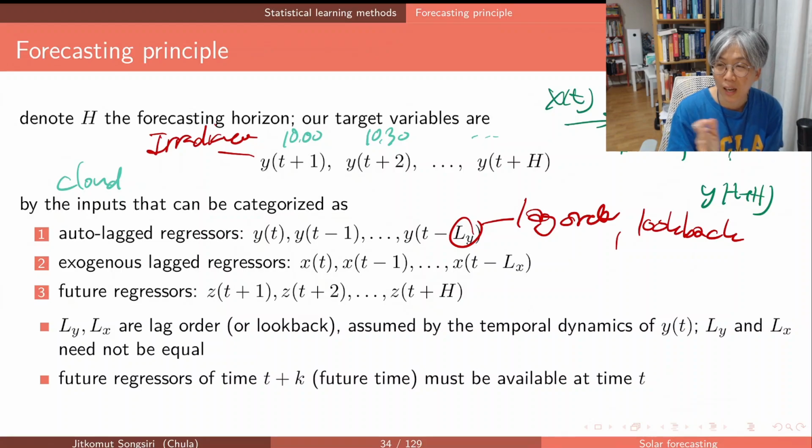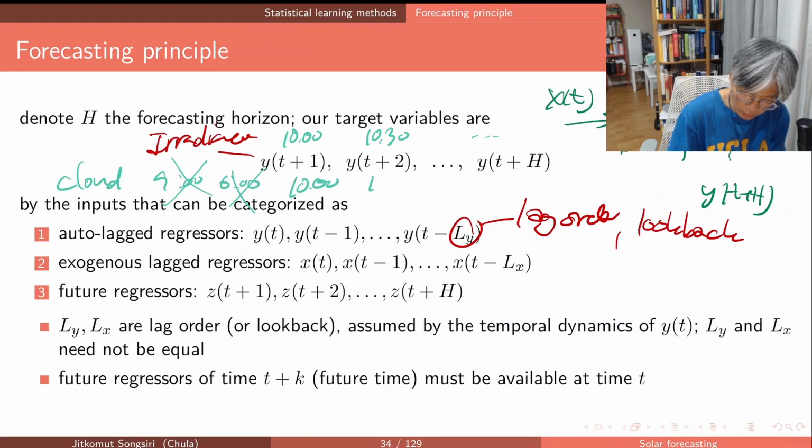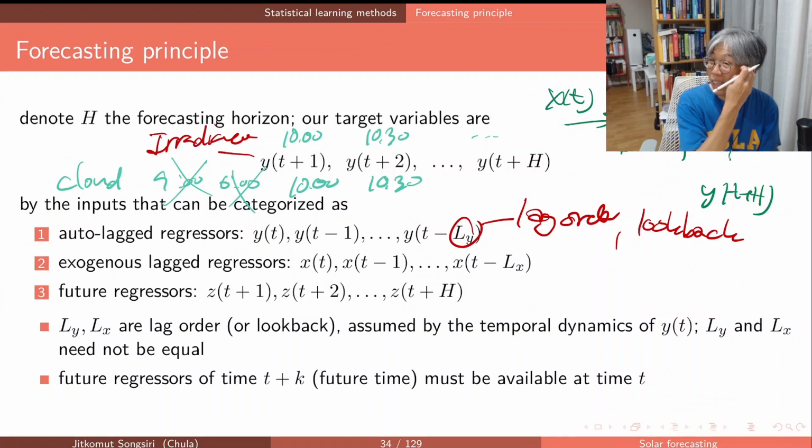Obviously it shouldn't be cloud at 9 a.m. or 6 a.m., because that's too early, too old. It would be better if you have cloud at 10 a.m. and cloud at 10:30, because it should be the cloud dynamic at the same moment as you want to predict these values.